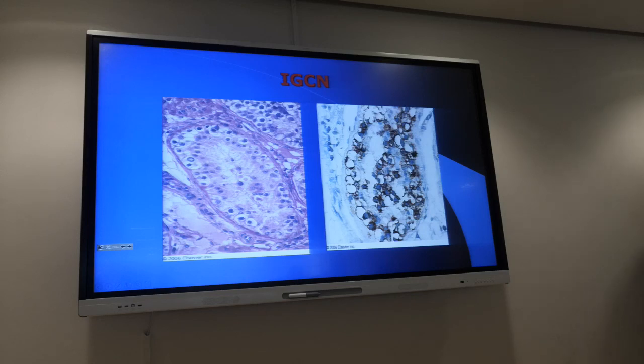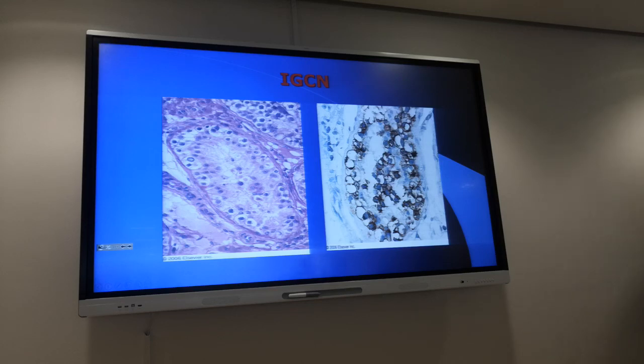For a long time in medicine and pathology, especially, there are two schools. One school will tell you the stain works, the other will tell you it does not. Robbins takes the side that PLAP does stain those IGCN cells, and it does in this case. Those cells have picked up the stain. It's a cytoplasmic stain, as you can see here. All the IGCN cells, all the dysplastic cells, have taken up the stain.